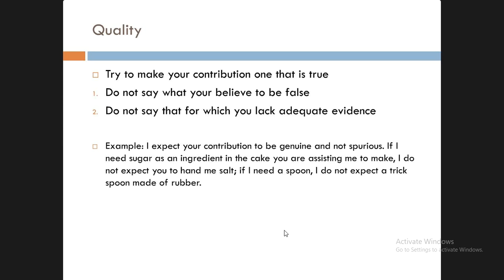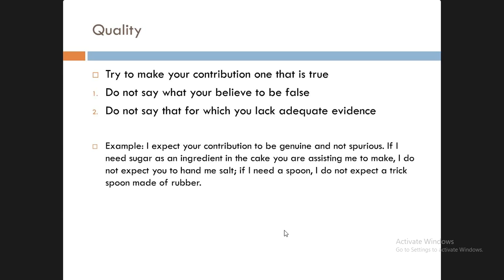Do not say that for which you lack adequate evidence. Example: I expect your contribution to be genuine and not spurious. If I need sugar as an ingredient in the cake you are assisting me to make, I do not expect you to hand me salt.